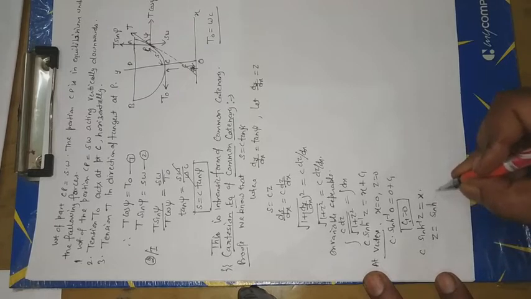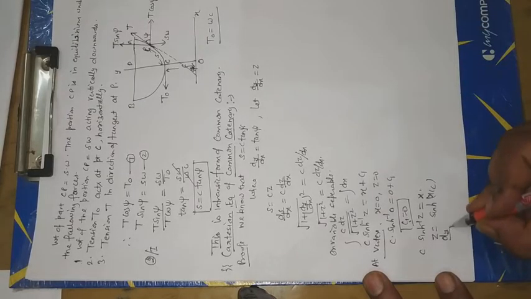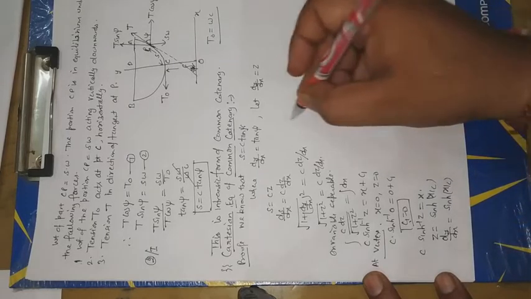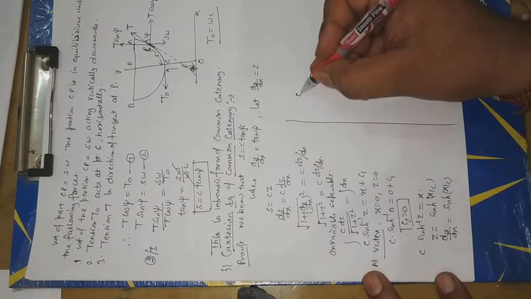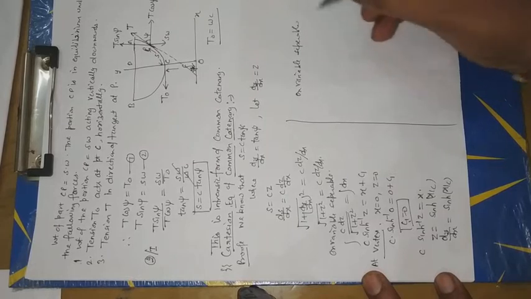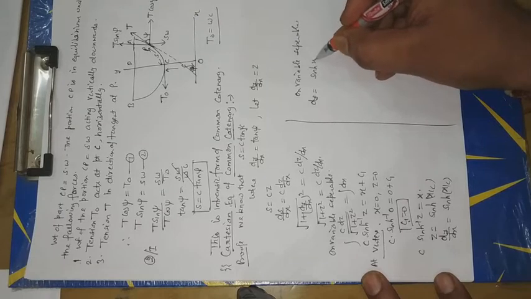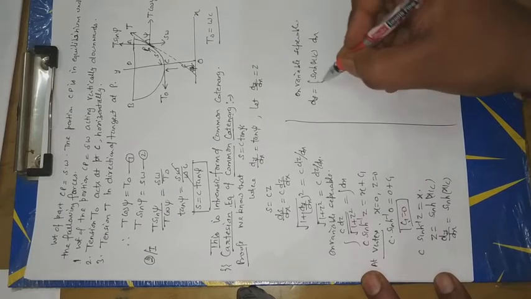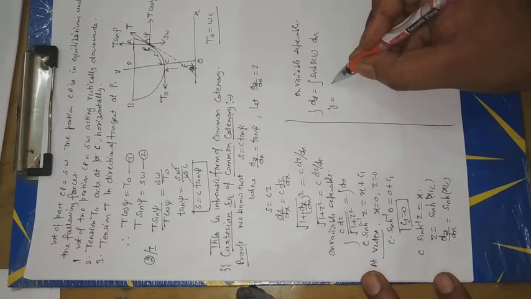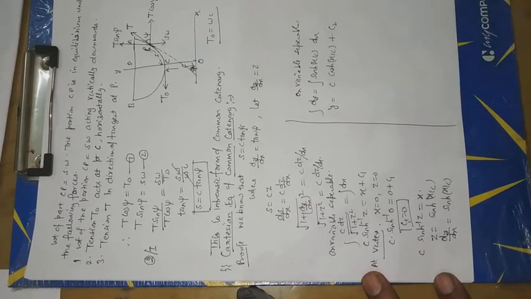sin h x upon c. Now putting the value of z, dy upon dx is equal to sin h x upon c. On variable separable, dy equal to sin h x upon c dx, and after integrating, we get y is equal to c cos h x upon c plus arbitrary constant c2.